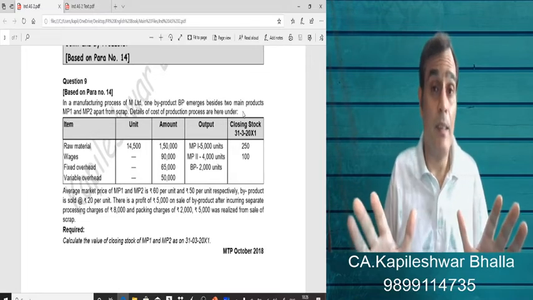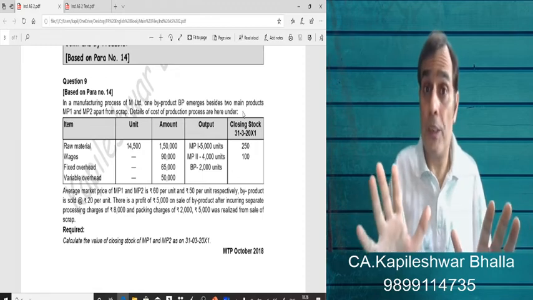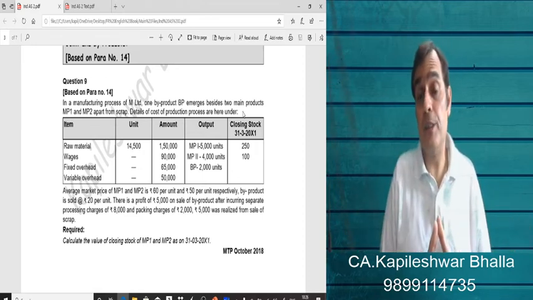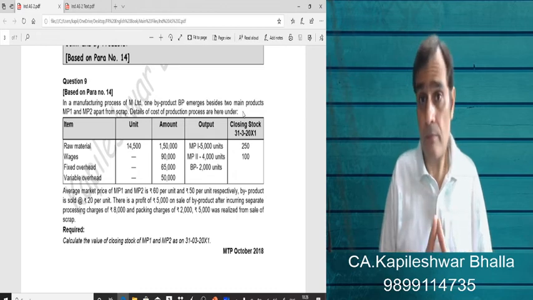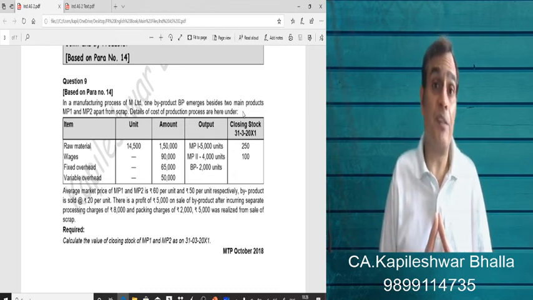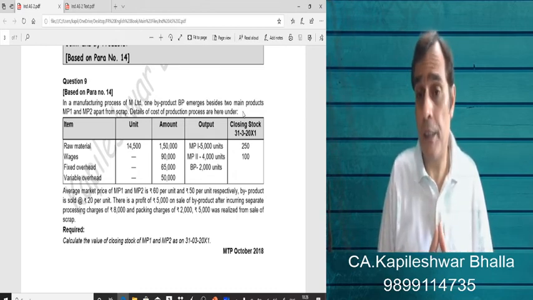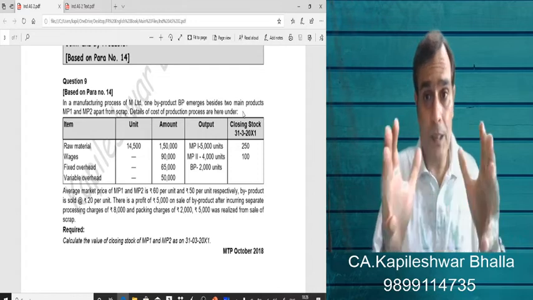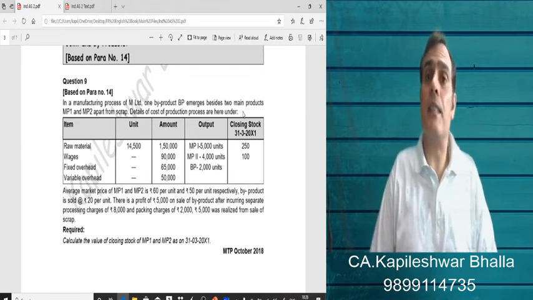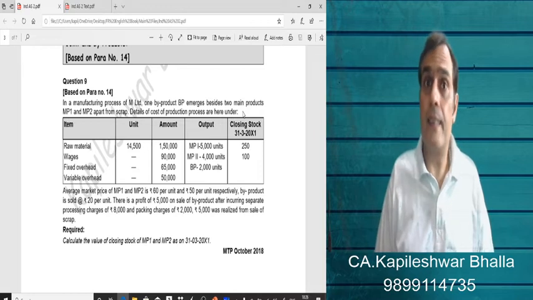In any case, the best way is always to give the assumption to the examiner that as far as the byproduct is concerned, it is immaterial in nature.